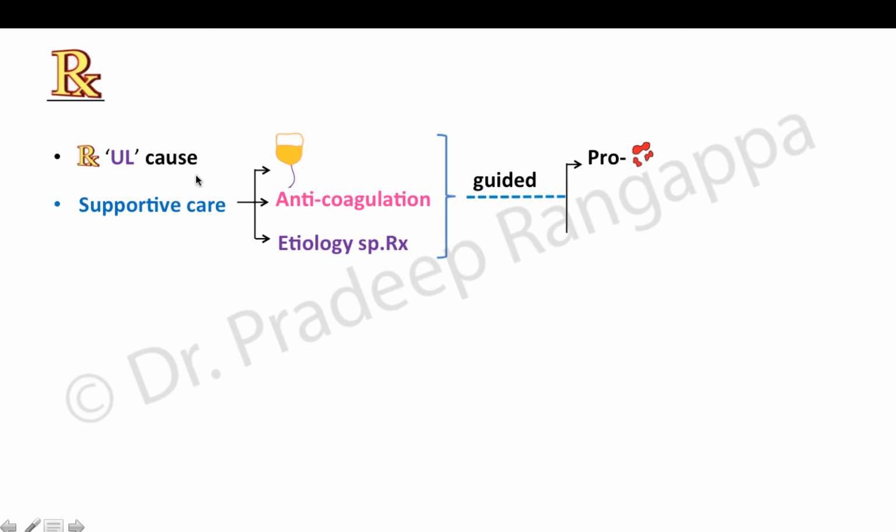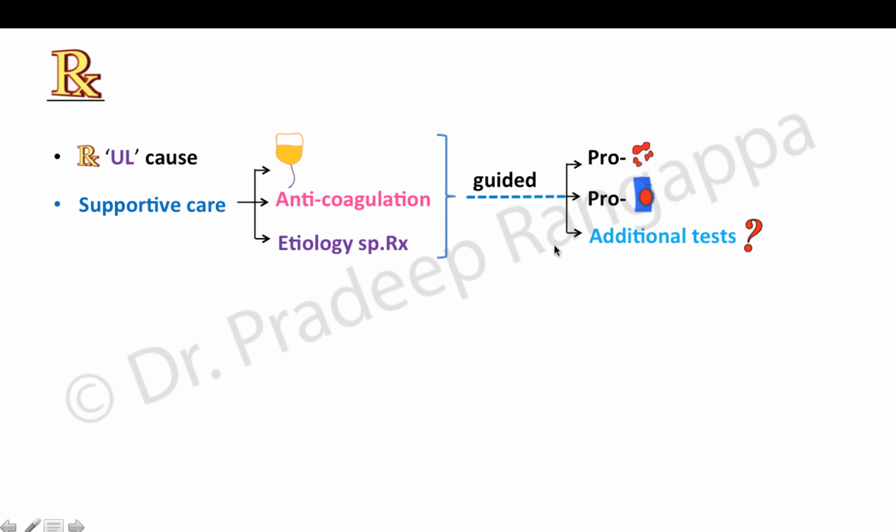In all these three, your treatment will be guided by whether the patient is in a pro-bleeding or pro-hemorrhagic state, or in a pro-thrombotic state, or whether the low platelets mandate any additional tests to identify the underlying diagnosis.